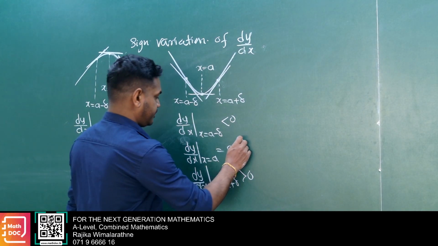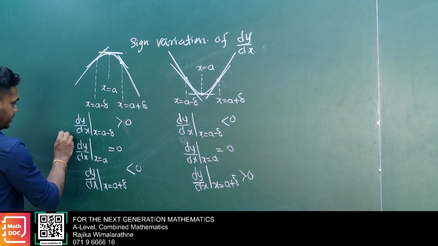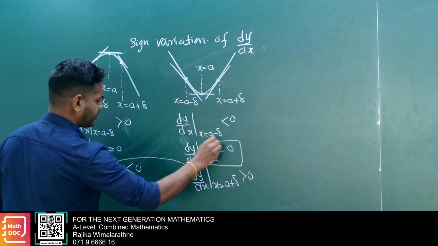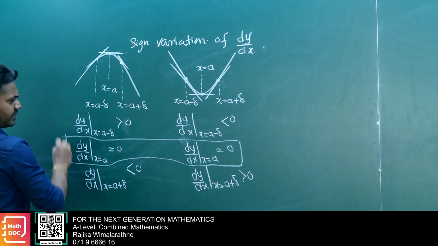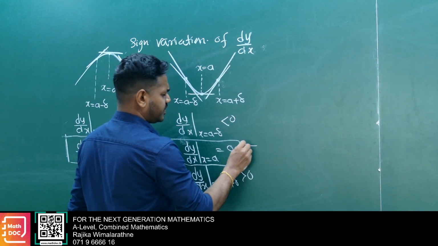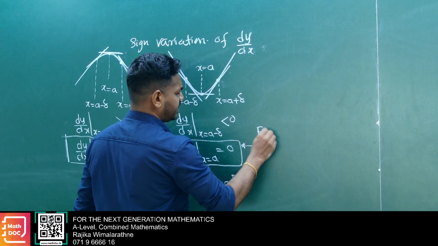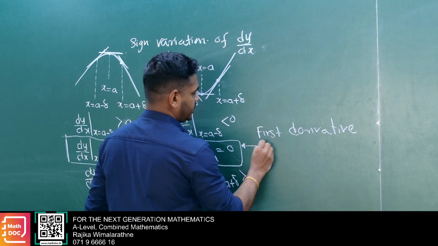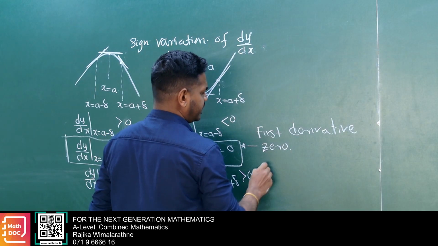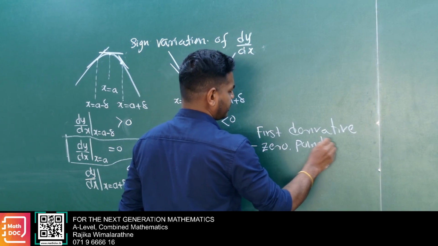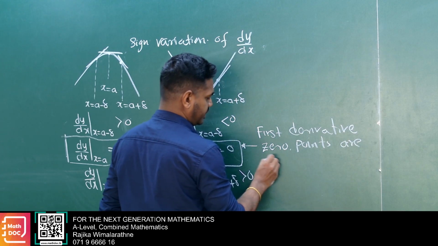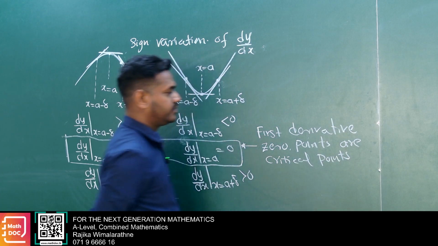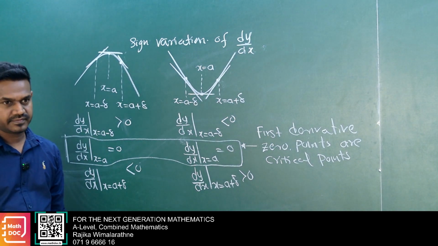You better write here, better to highlight this: first derivative zero points are critical points. First derivative 0 points are critical points.